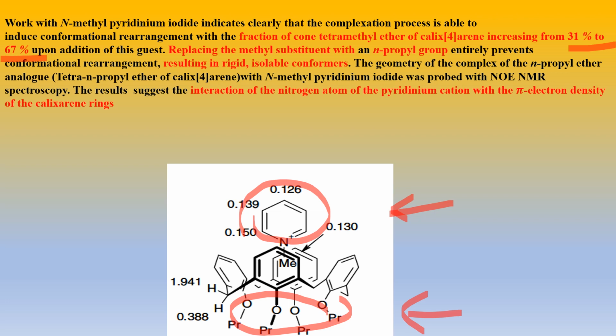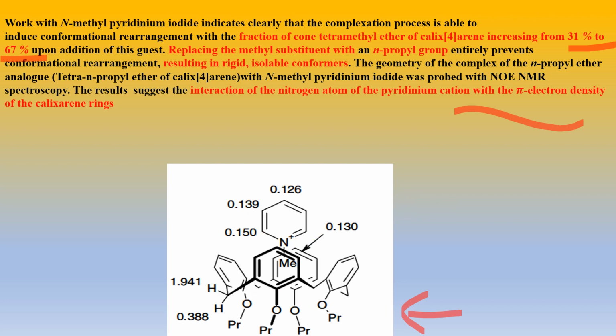So here it will be having cation pi interaction. So here also a cation pi interaction. One thing is here you are using the calixarene in which a propyl group is substituted. So we have already discussed about these 3 types of calixarene in which the propyl group substituted calixarene will show this property.